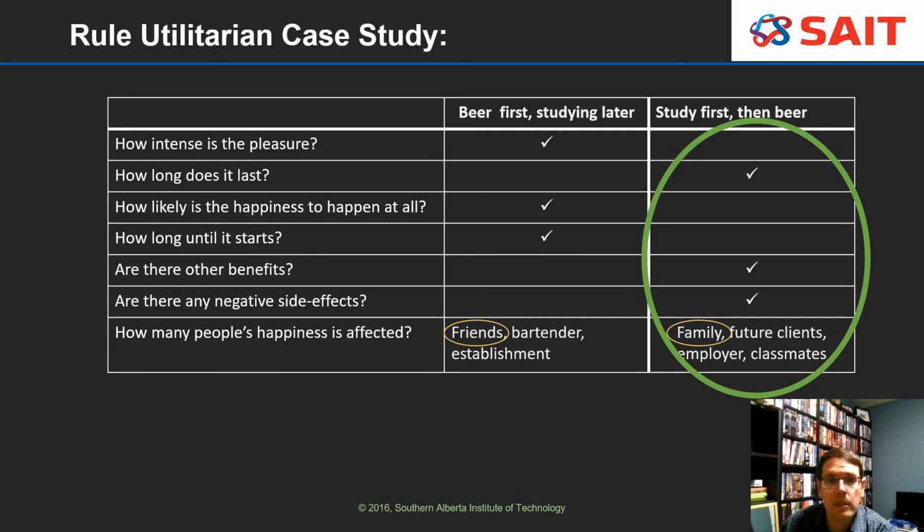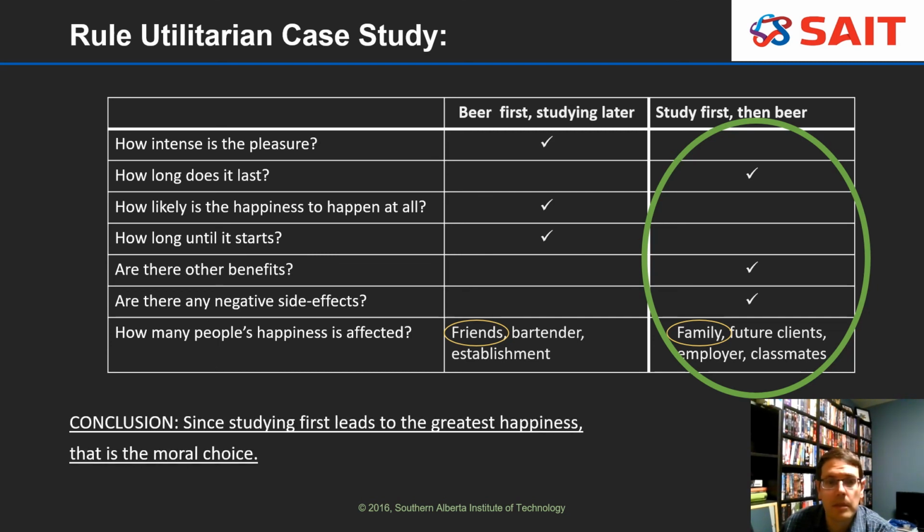So, in conclusion, according to rule utilitarianism, the morally correct choice is to follow the rule where you study first, then have beer after. That's what leads to the greatest happiness.